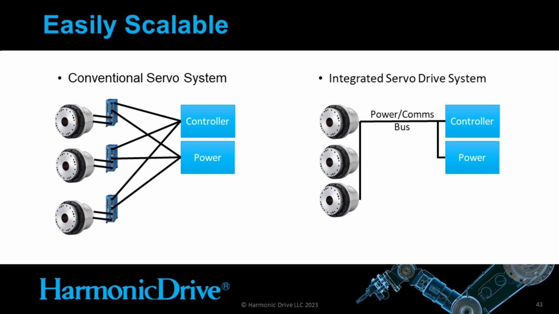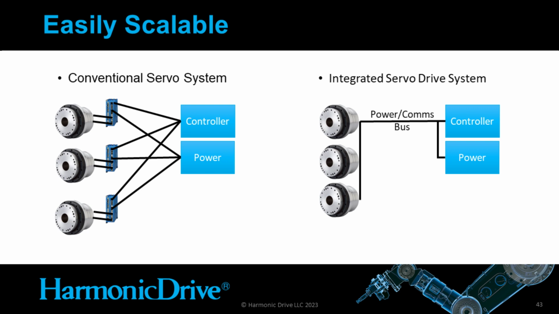So to put this in other words, on the left, I have a conventional servo system with 3 axes included. And on the right, I have an equivalent integrated servo drive system. On the left, from the conventional system, you can see that it scales linearly with each axis added. So each axis has 2 cables that go to the servo drive and 2 more that go to the controller and to the power supply.